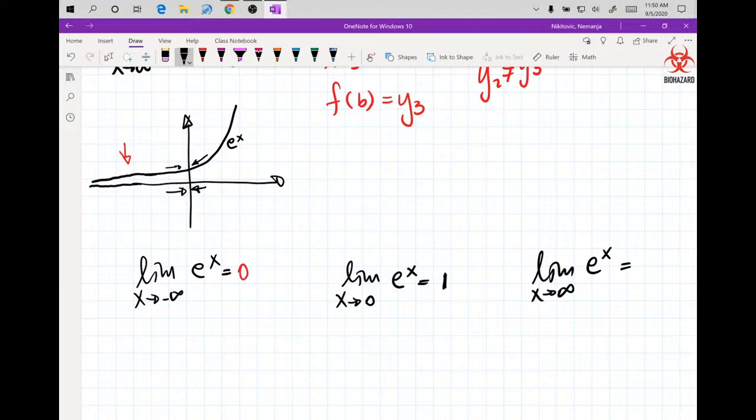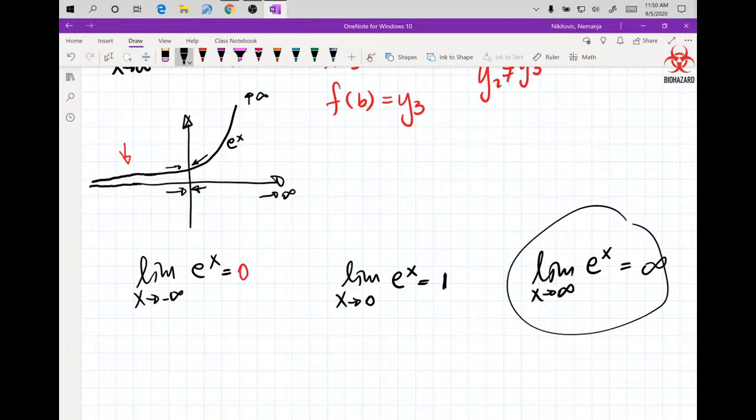So the left limit at 0 minus gave us 1, the right limit at 0 plus gave us 1, so combined it gave us just 1 because they reach the same value. And finally, the last one is infinity, because as you go forever to the right, this one goes up forever towards infinity.